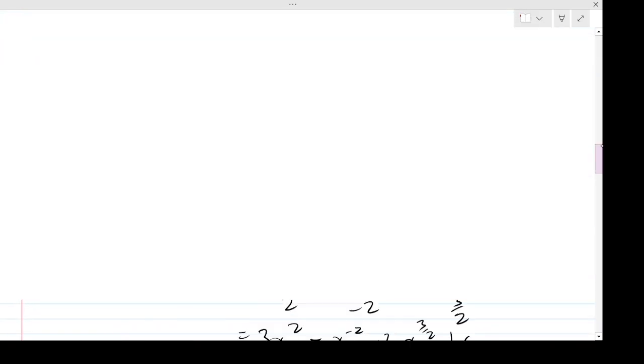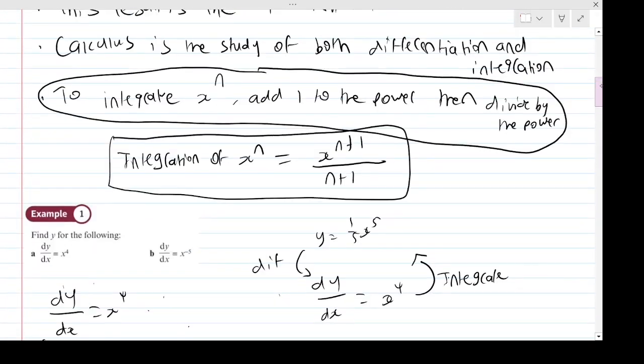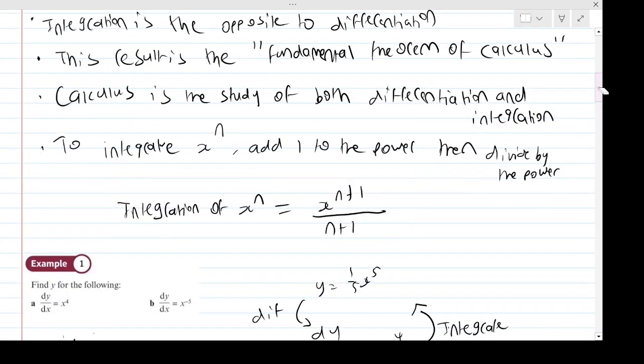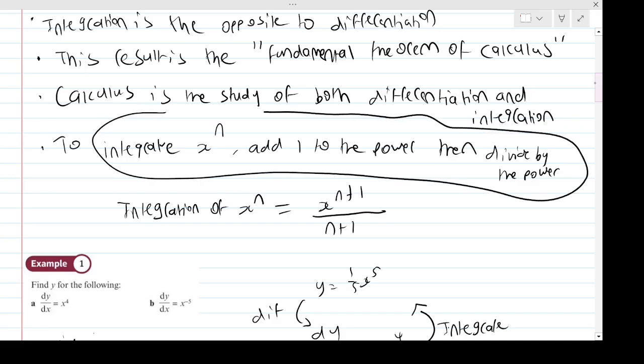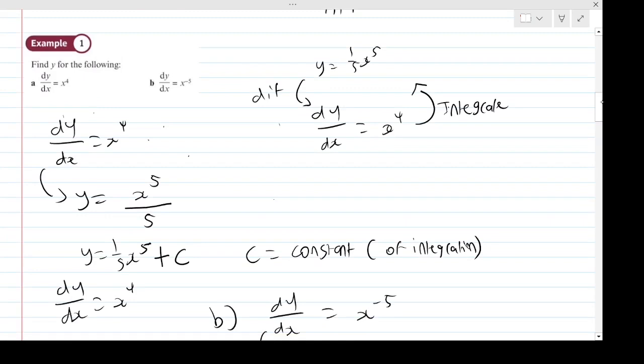So that's it, right? So really the two main results we've used in this section is this idea about integrating by adding 1 to the power, then dividing by the power, and also using the fact that integration is the reverse or the opposite of differentiation, which means if we got the derivative, we can go back to finding the original function by integrating.